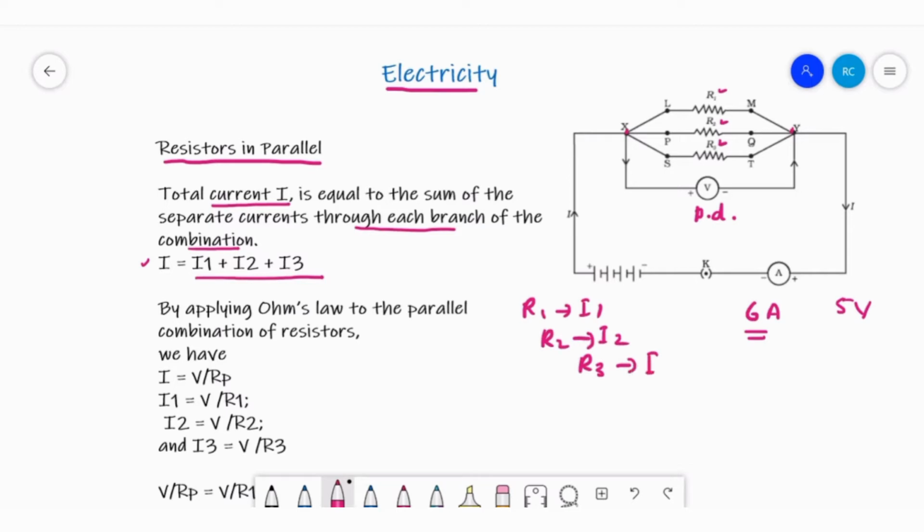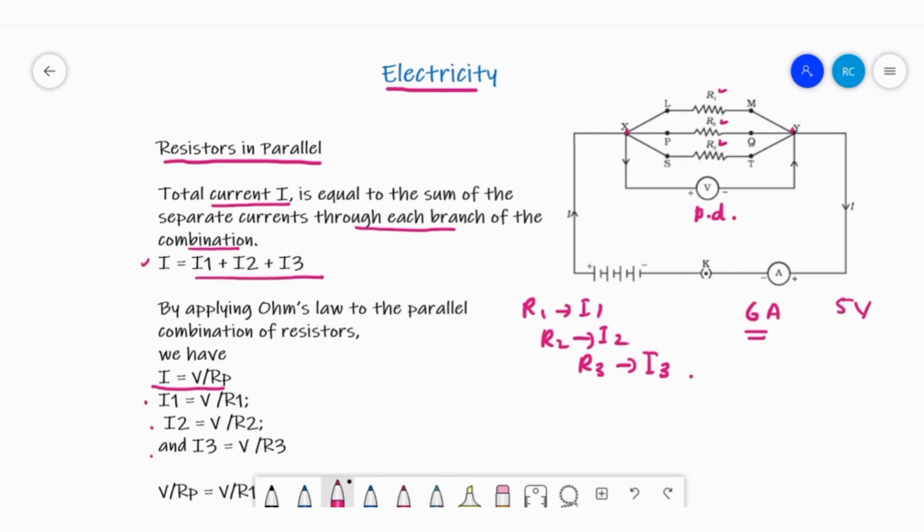Now, by applying Ohm's law, we have another equation that we already studied: I is equal to V by R. Current is equal to voltage, that is potential difference, divided by resistance. So this I, we are dividing into three currents, I1, I2, I3.